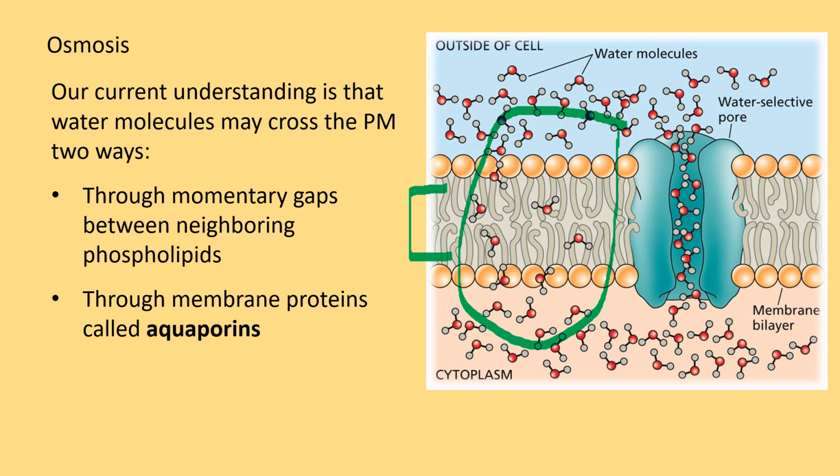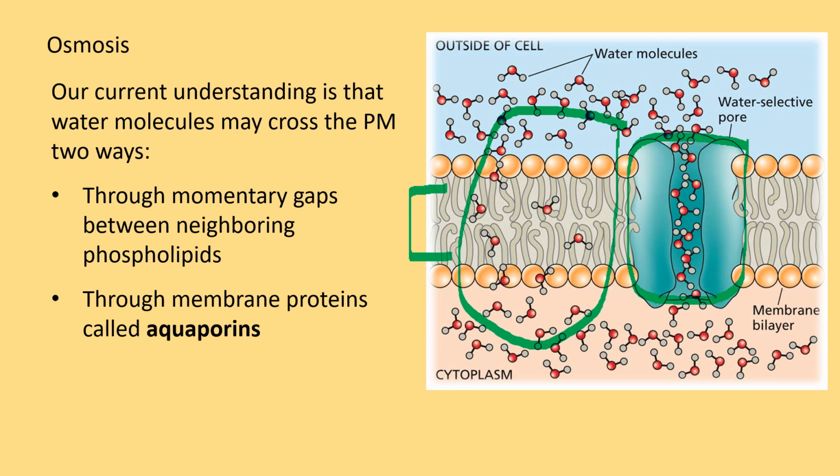There's another mechanism for osmosis across the plasma membrane, and that's shown here, this big blue protein. It's a transmembrane protein known as an aquaporin. Aqua meaning water, pore meaning hole. This is a water channel, or sometimes it's called a water pore.